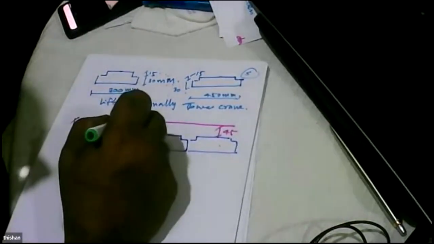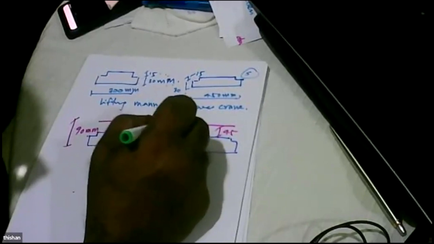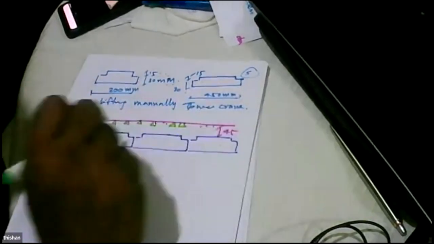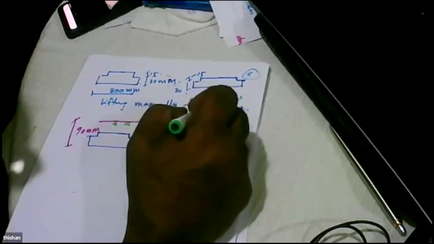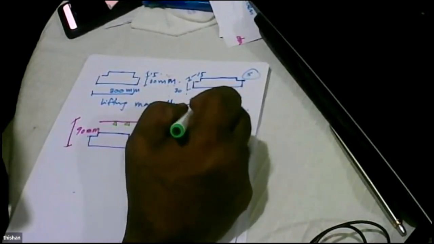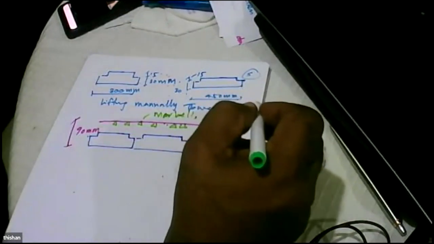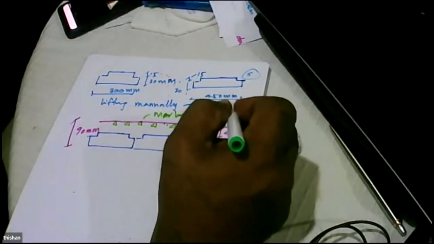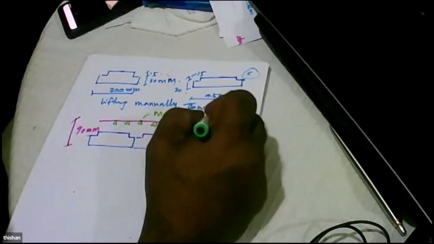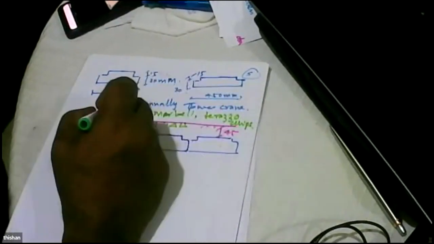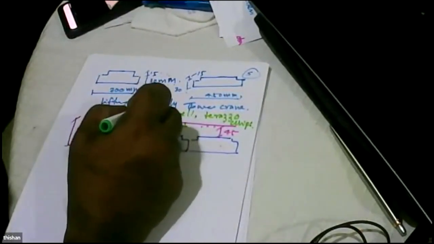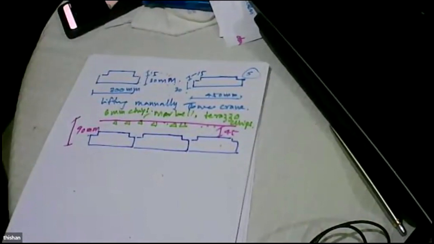Then we embed marble. This is in concrete. So we can say we can use marble, terrazzo chips, even 6mm chips. And finish it.